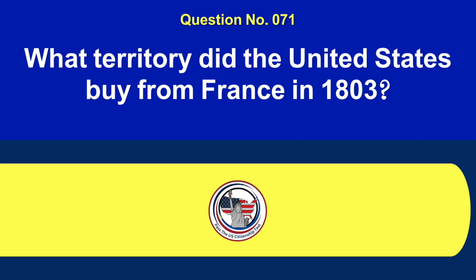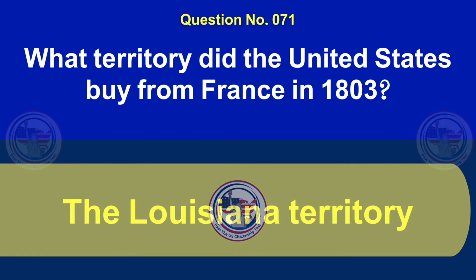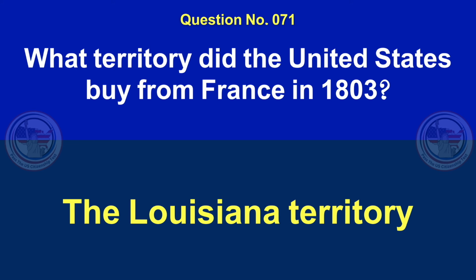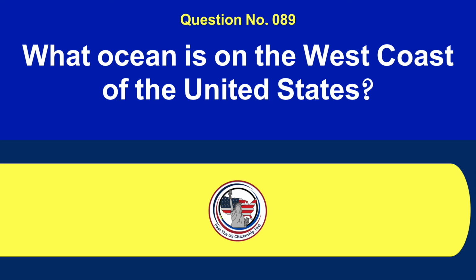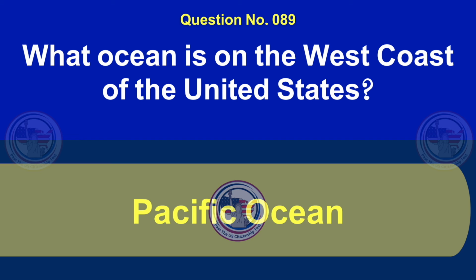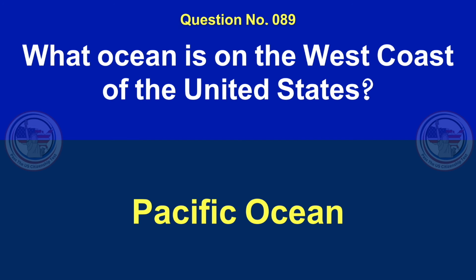What territory did the United States buy from France in 1803? The Louisiana Territory. What ocean is on the west coast of the United States? Pacific Ocean.